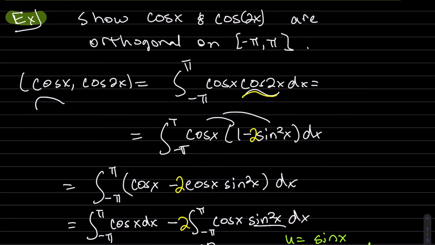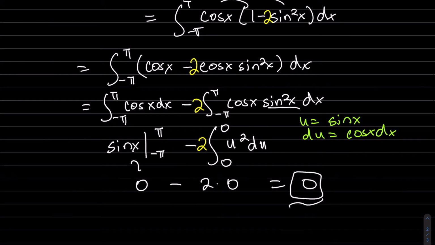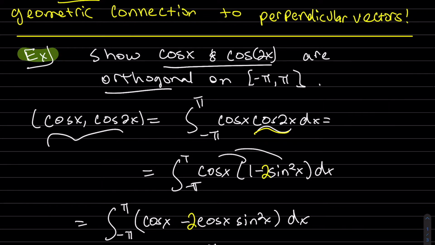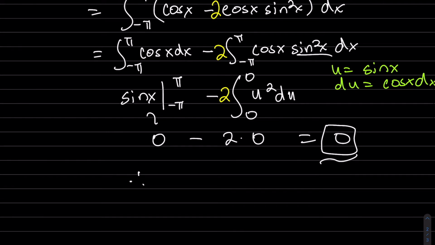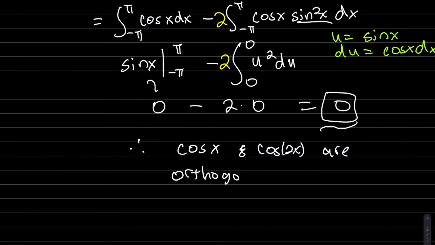So the inner product is 0. Therefore those two functions are orthogonal by definition, since their inner product is 0.